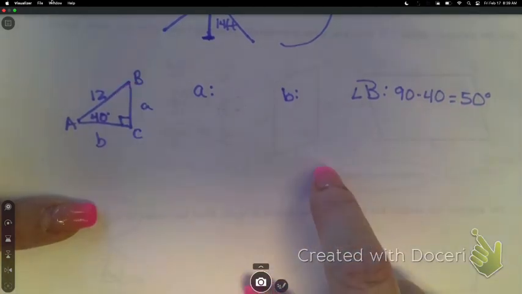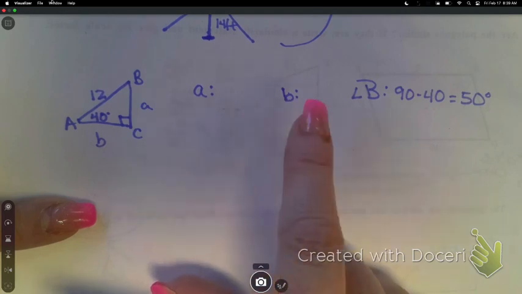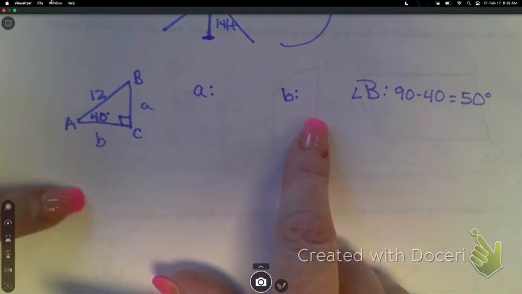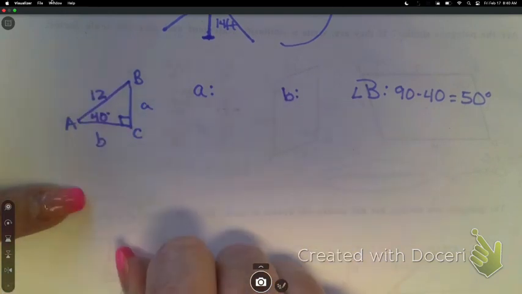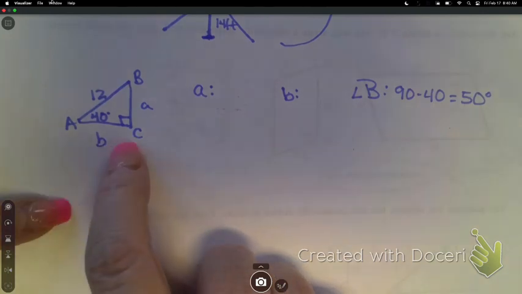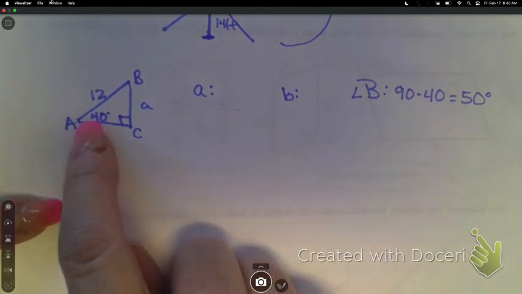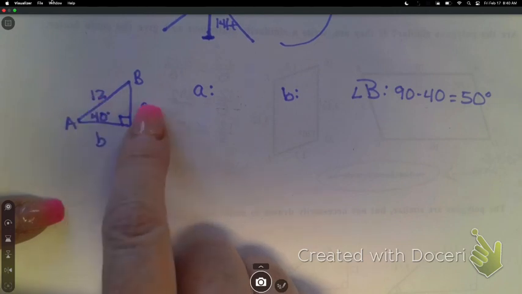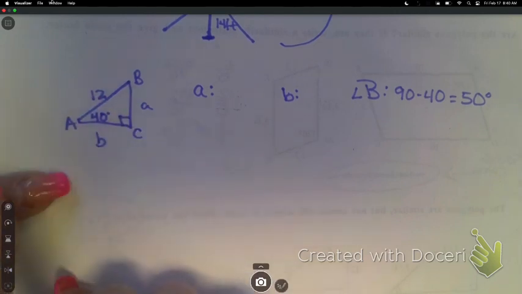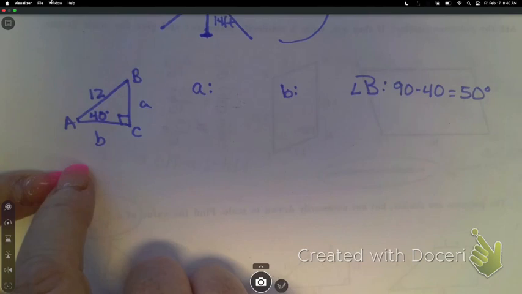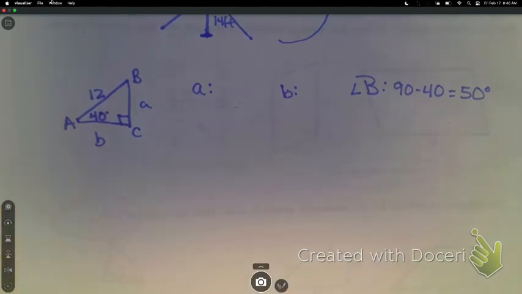So can I find side A and side B with trig functions with 40 and 12? Yes. So if I have 40, 12, and A, what function is that? What are the trig functions?